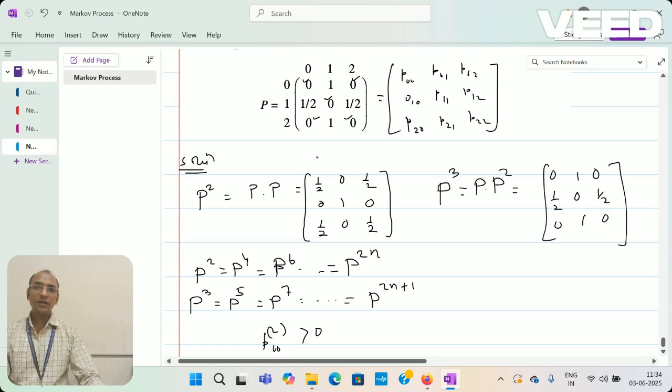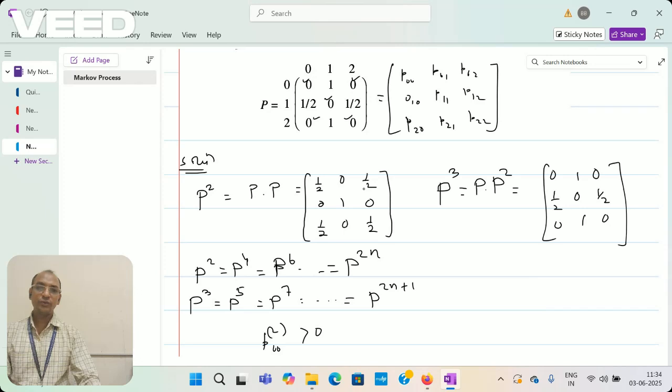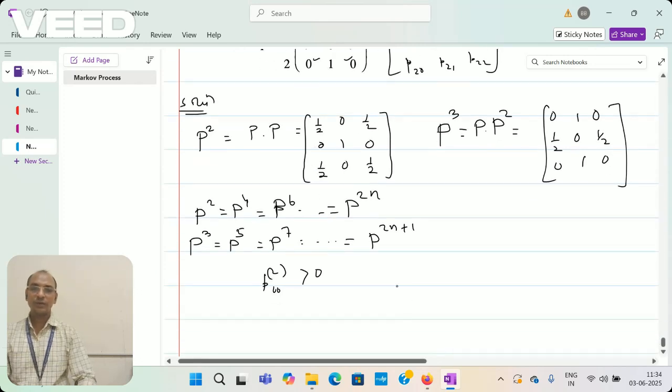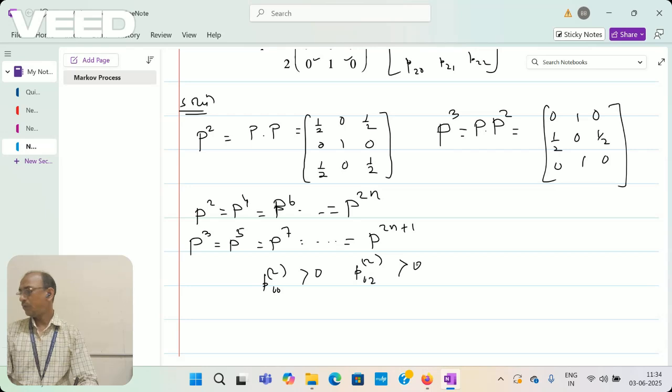Okay. Similarly, here P02 is 0, but P02 in the second step is also positive.